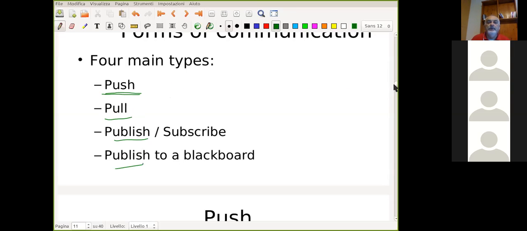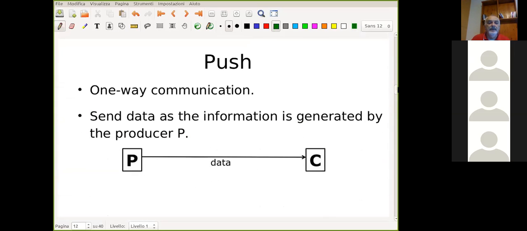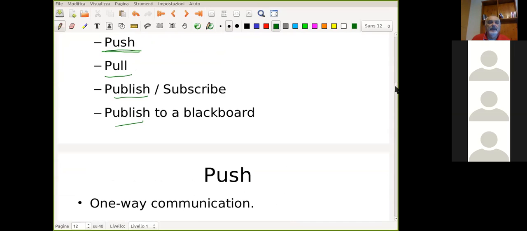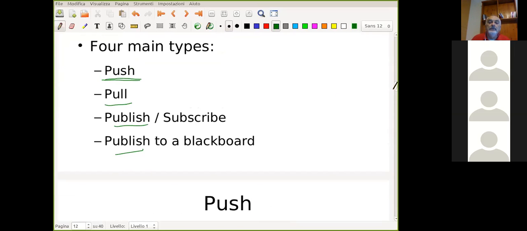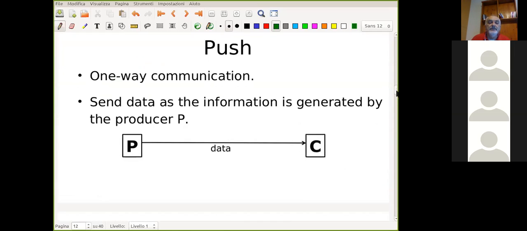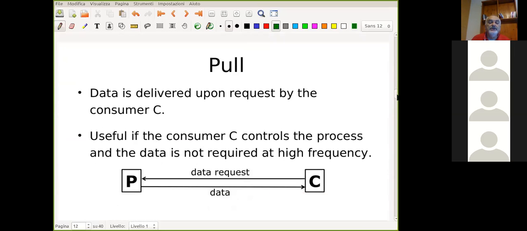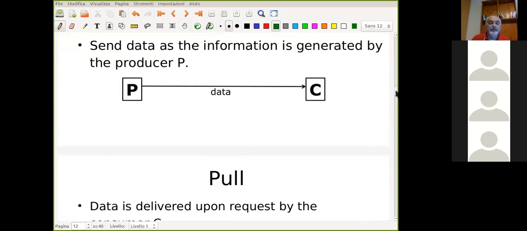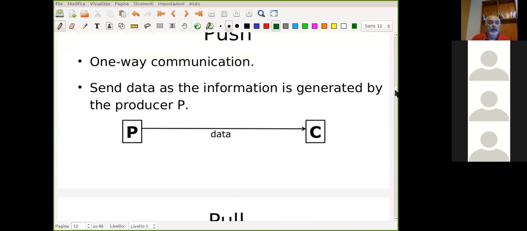In the push method, you send data and you assume that the consumer receives. Pull is a theoretical system in which data are transferred upon request. So if you don't request data, the transmission doesn't come.